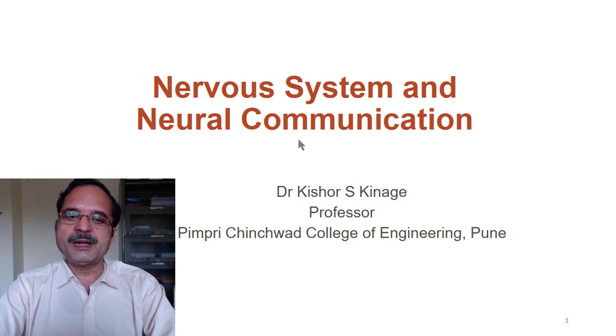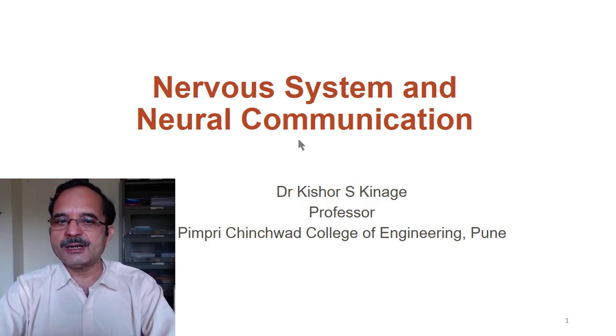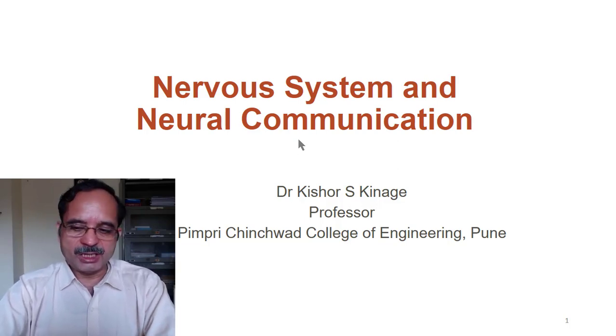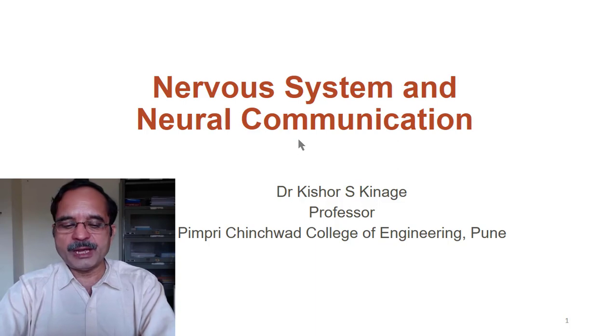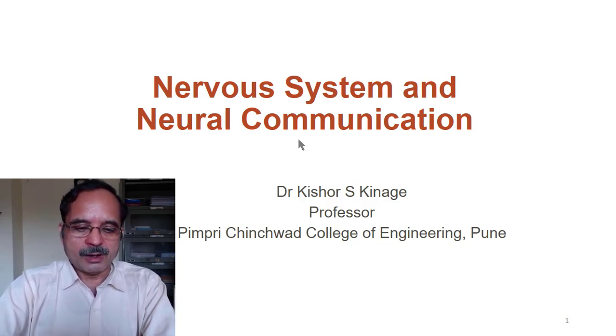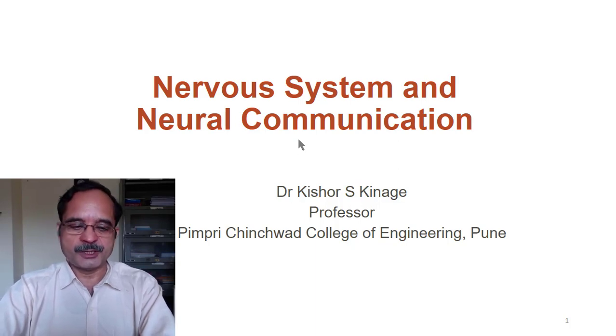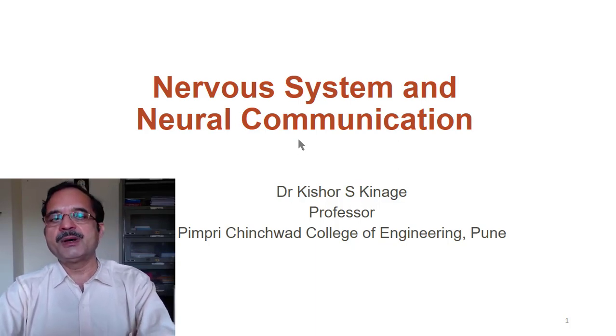Then, in the next lecture, we'll discuss the brain structure, and what EEG, that is electroencephalograph, is, and what the various techniques are, that means the electrode positions for the measurement of EEG. So that is this unit number 3.